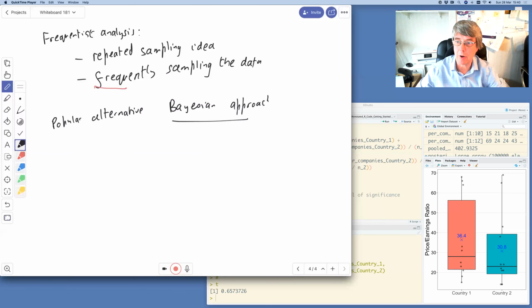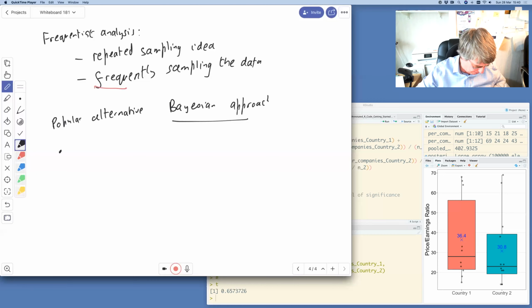And the Bayesian approach takes a slightly different way of thinking about the mathematical setup, and it's based on expressing what we know about the parameters of the model after seeing the data, expressing that in terms of probability distributions.